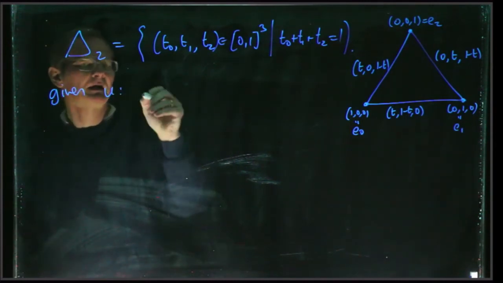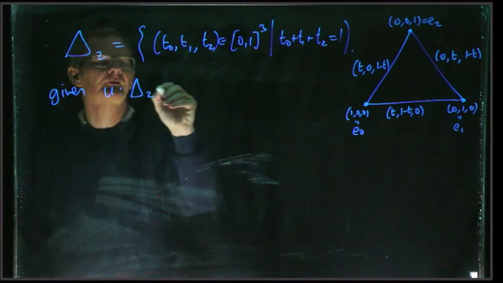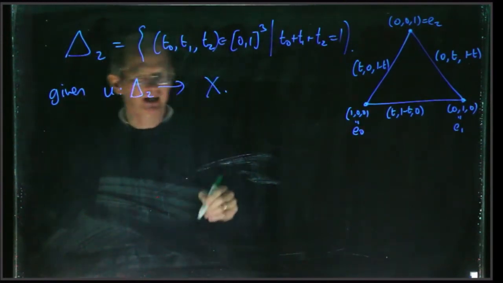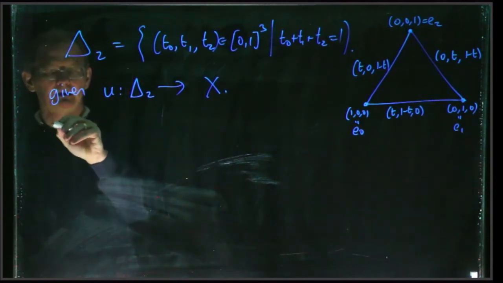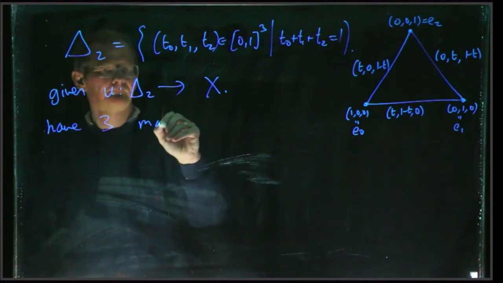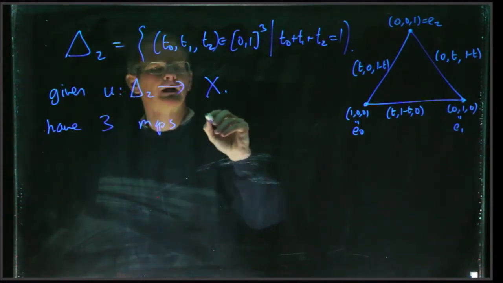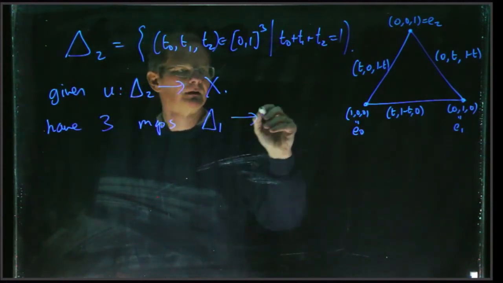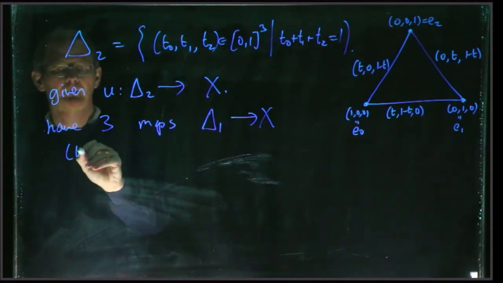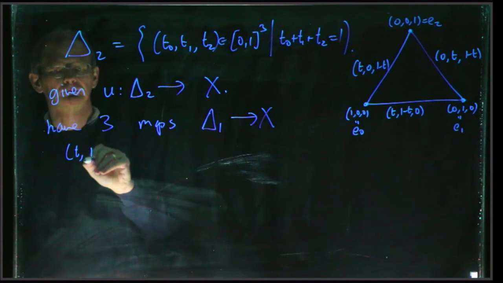So given any nonlinear two-simplex u into some space X, you have three maps from delta 1 to X, corresponding to the three edges here.